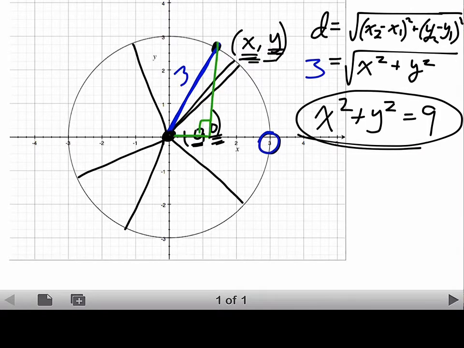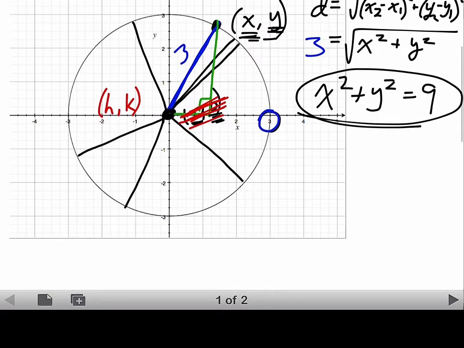What if the center isn't at the origin? That is, suppose instead of being at 0, 0, the center was at some random set of coordinates h comma k. Then fleshing out the distance formula again with, say, a generic radius of r, we would have r is equal to the distance between the 2 points.